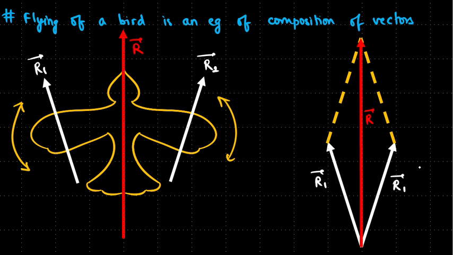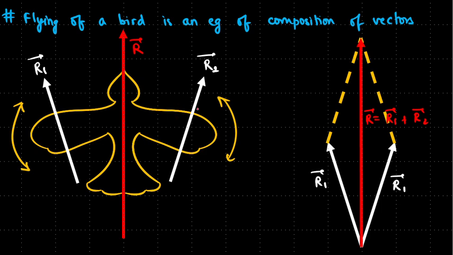So we have this. Now let's write what we are trying to express. This R vector is going to be R1 vector plus R2 vector, since this is the resultant of these two vectors. If I don't have these two vectors, this one vector will be enough to represent the motion.